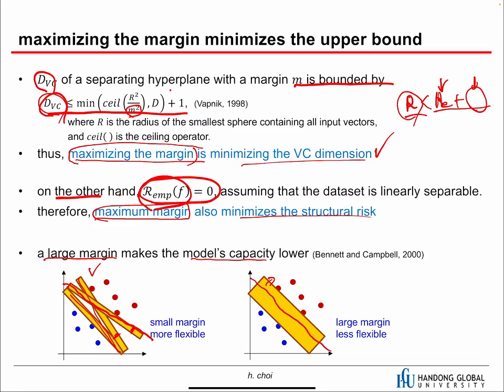So the capacity is lower. Remember, in this slide, we checked that when we maximize the margin, we actually minimize the risk by minimizing the empirical risk. So now what we want to do is to maximize the margin. That's what we want here.